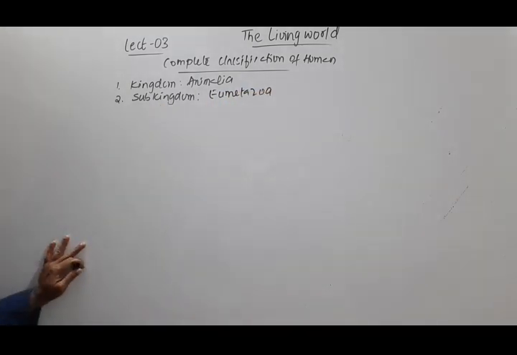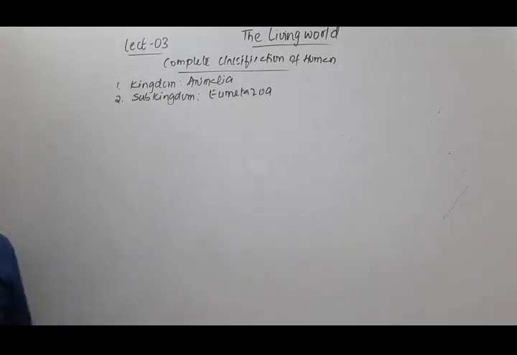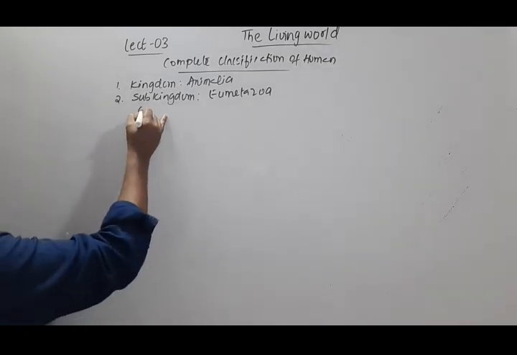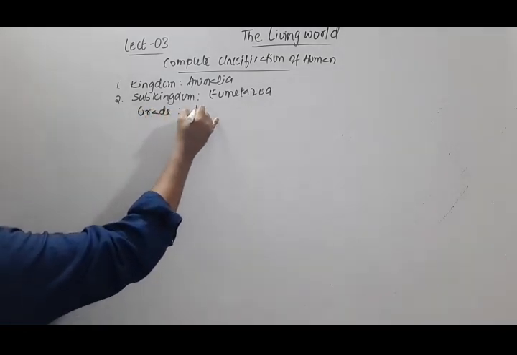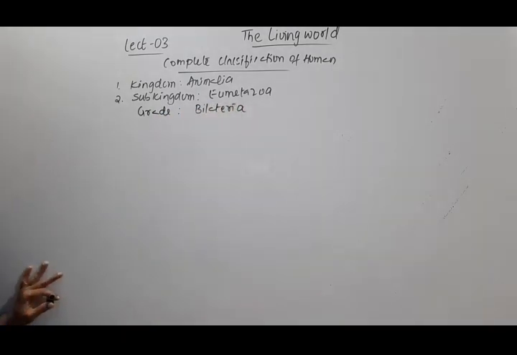So we belong to Eumetazoa, where Eu means true and metazoa means multicellular organisms, so true multicellular organisms. Below that we have grade. We are bilateral animals, hence the grade is Bilateria.